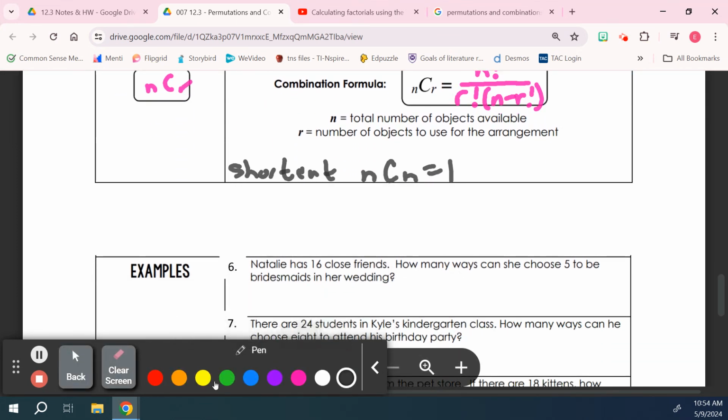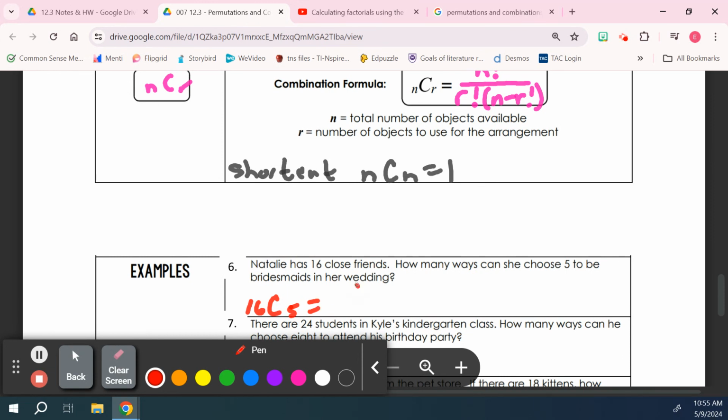So if we get into our example, Natalie has 16 close friends. How many ways can she choose 5 to be bridesmaids in her wedding? 16C5. All right, so she has a total of 16 friends. She's only able to pick 5. Believe it or not, ladies and gentlemen, it will be a thing in your life at some point, and it's hard to pick bridesmaids and groomsmen.